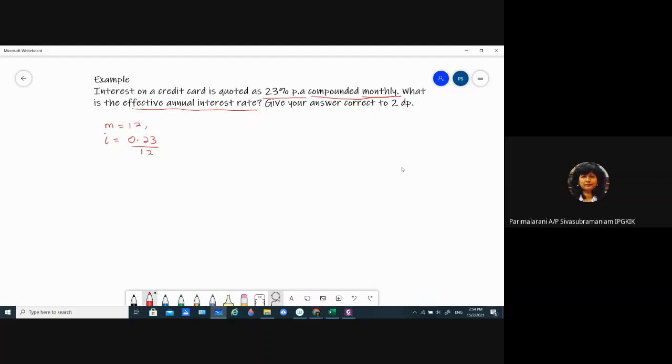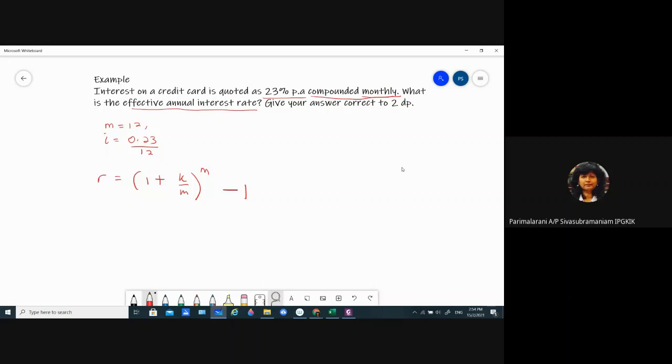So we use the formula that we used earlier. The formula was R is equal to (1 plus K over M) to the power of M minus 1. This is M or MT. Just now we were using 1 year, so it's M, or you can put MT here.